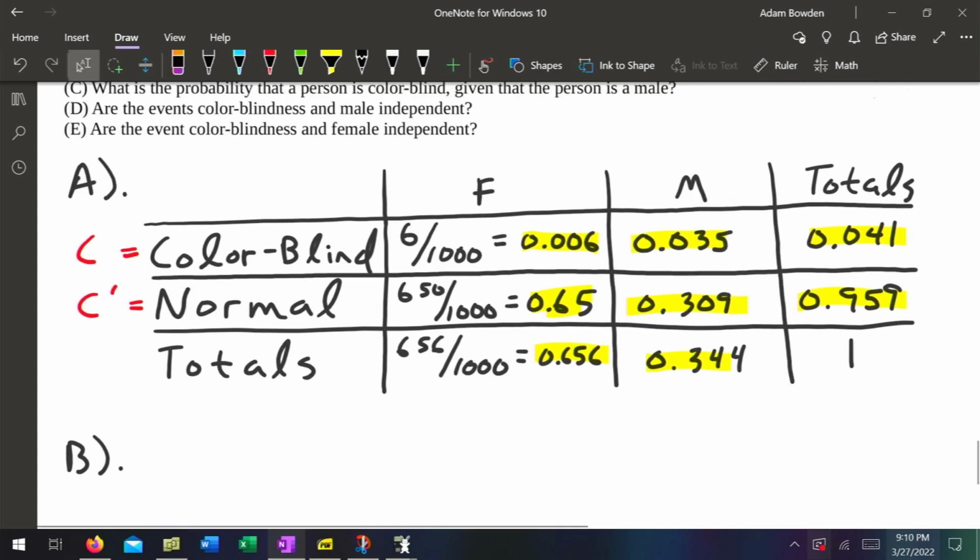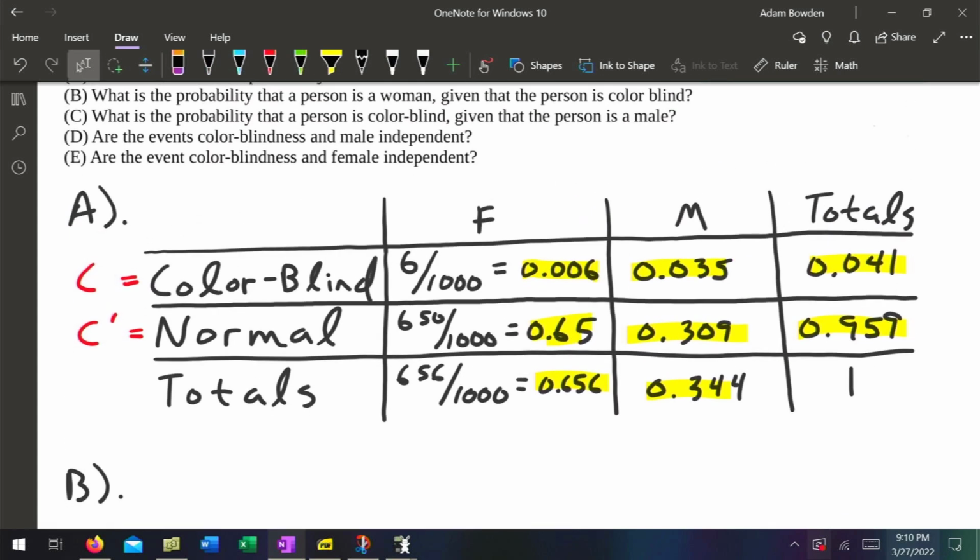Now the first question says, what's the probability that a person is a woman given that the person is colorblind? So the first part here, we're going to find the probability of being female given colorblind.